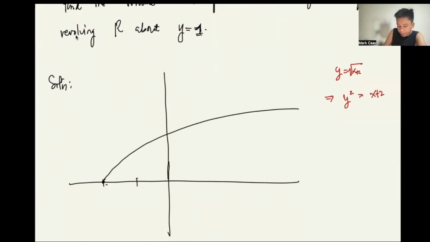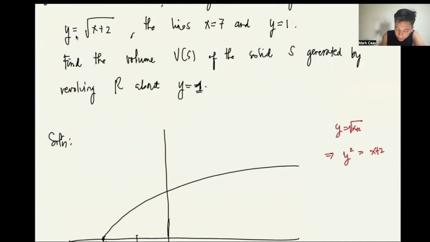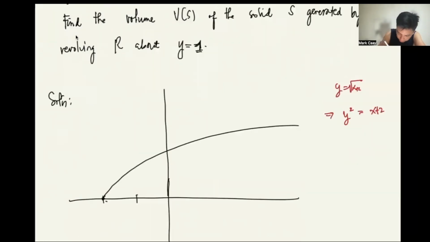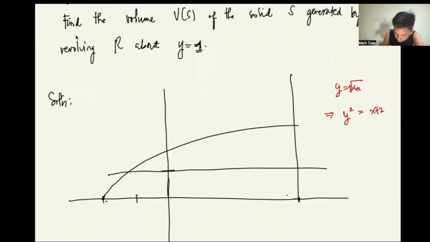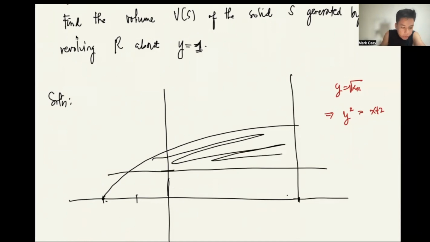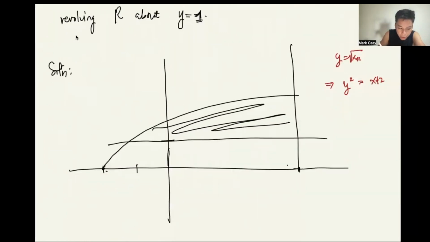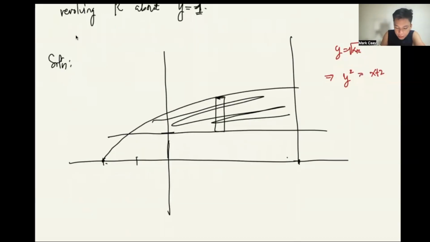Kunyari ganun. Okay, and then, this is bounded kasi by x equals 7 and y equals 1. So, kunyari ito yung 1. Kunyari, nandito yung 7. So, this is actually the volume. Tama. So, if I want to take the strip here, and I want to revolve that on y equals 1, parang ganito siya, yung image niya.